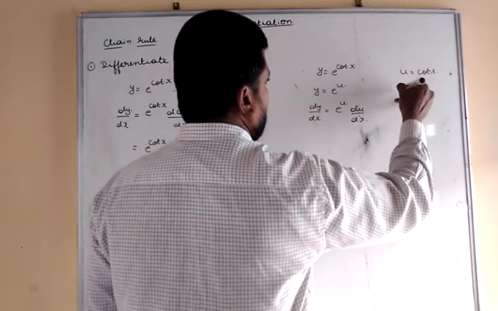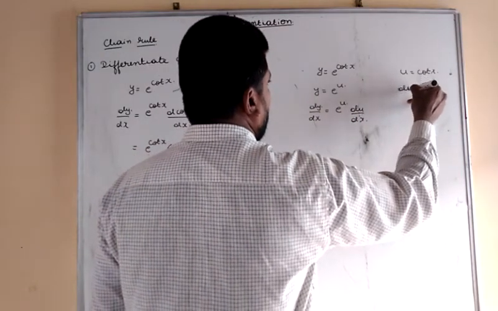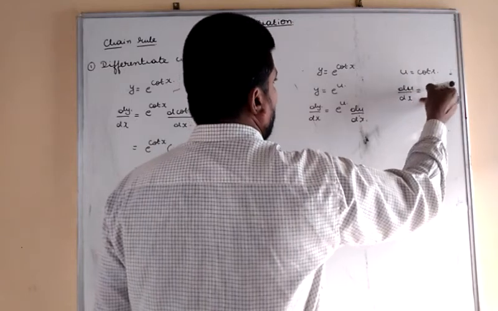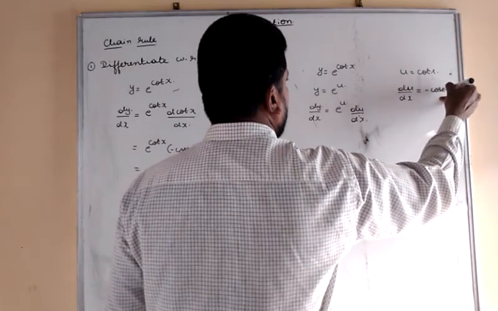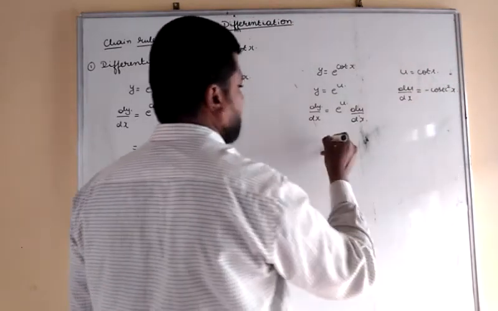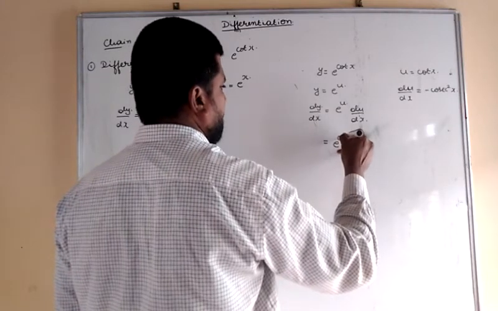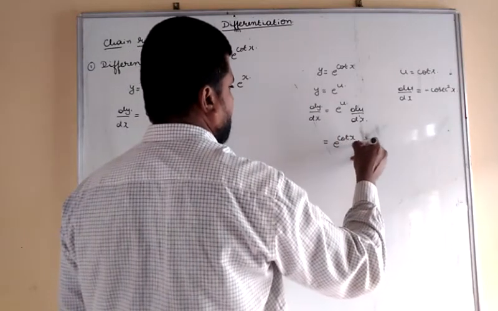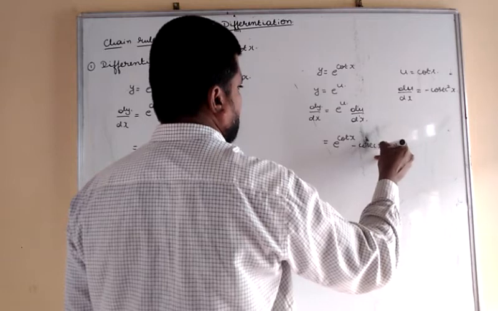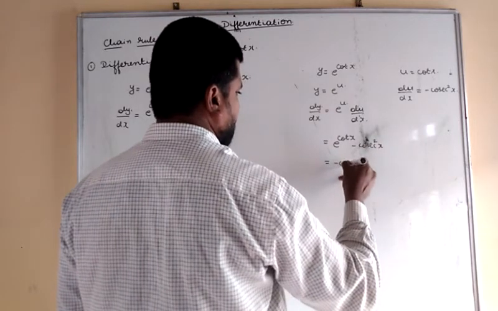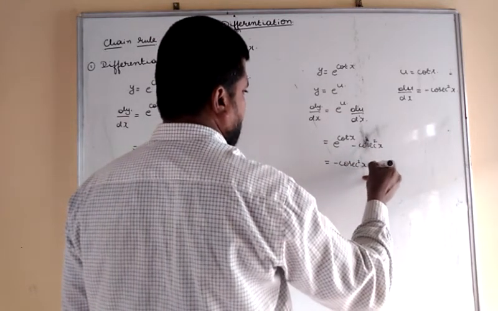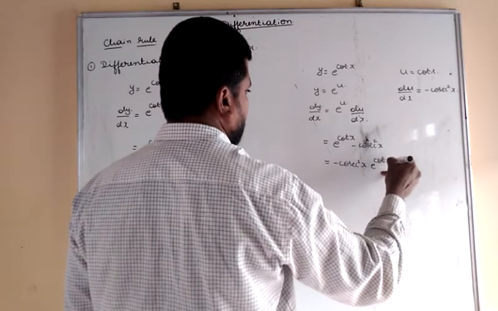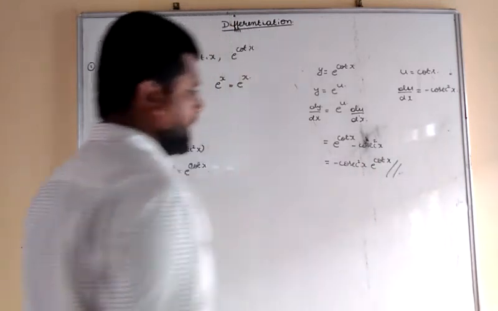The derivative of cot x is minus cosecant square x. Substitute the values: minus cosecant square x into e to the power of cot x. So this is the answer.